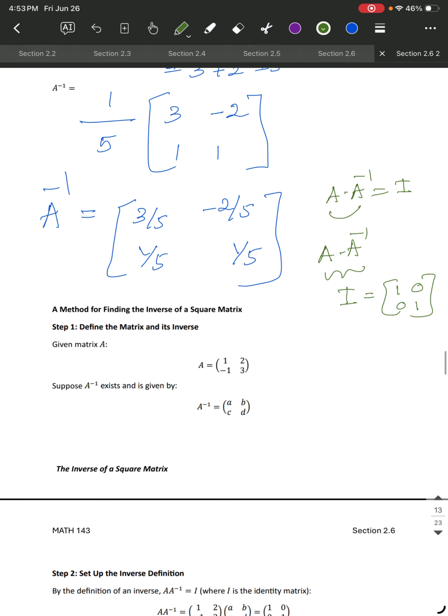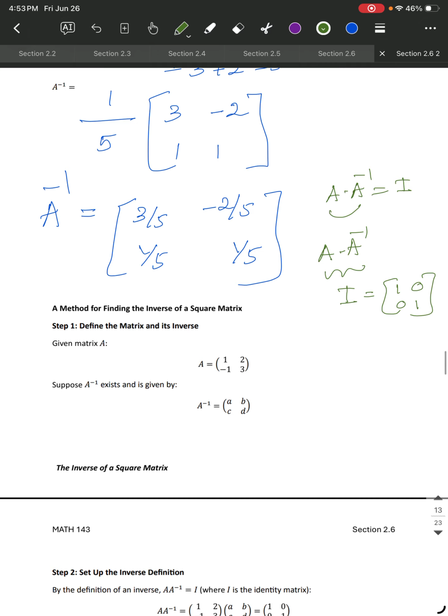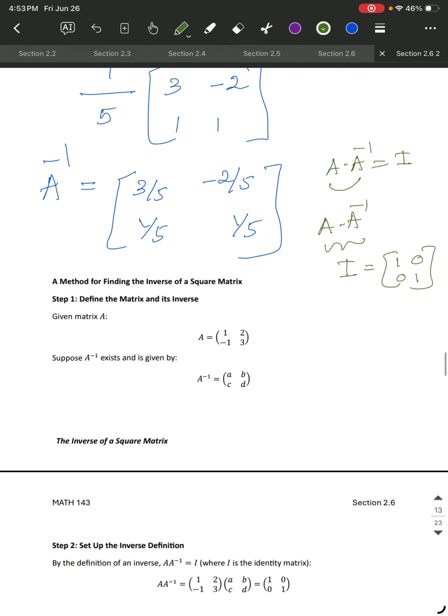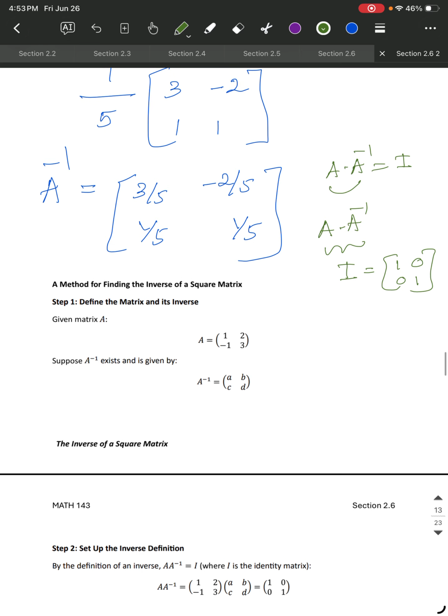Let's see the method to find the inverse of a square matrix. To find the inverse of the square matrix, we can define the matrix and its inverse, A and A inverse. We don't know the entire values in A inverse.